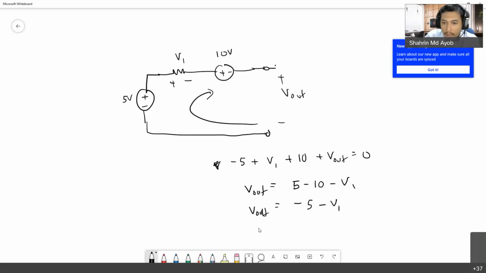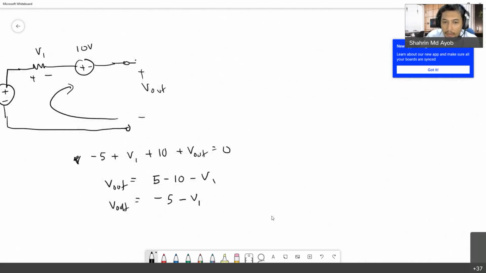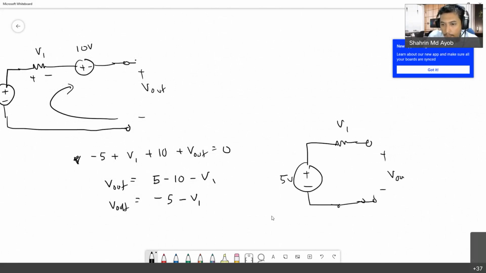So you can actually simplify your circuit like this. Okay, 5 volt with a resistor. Okay, because if you draw back KVL, you should get -5.